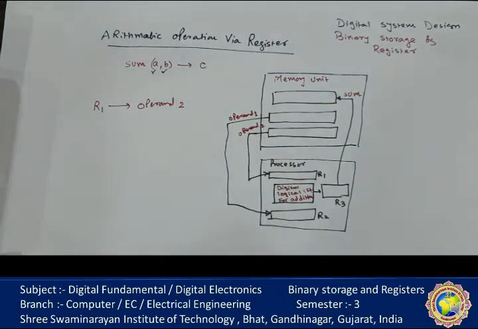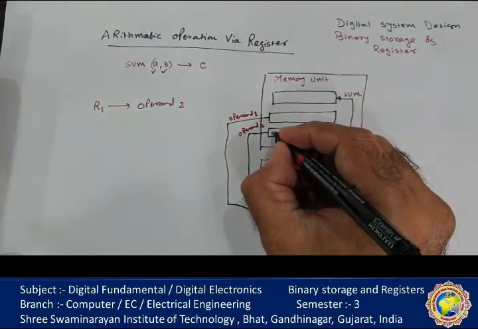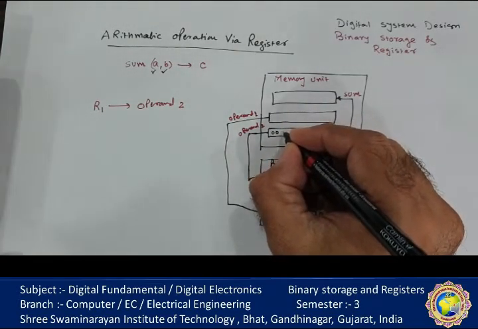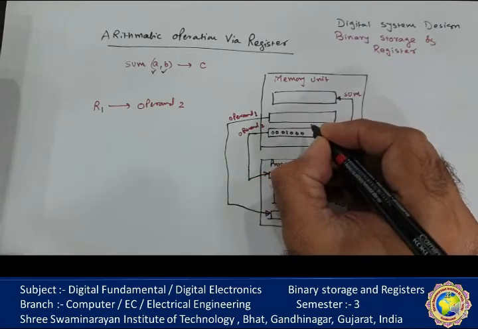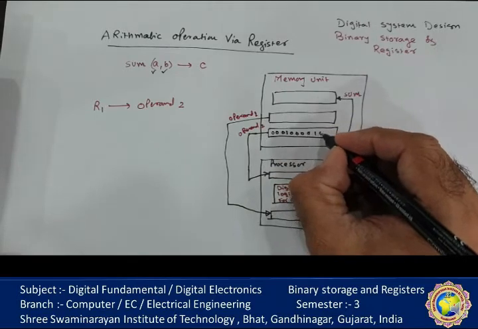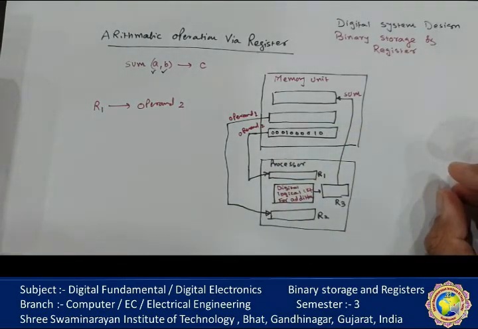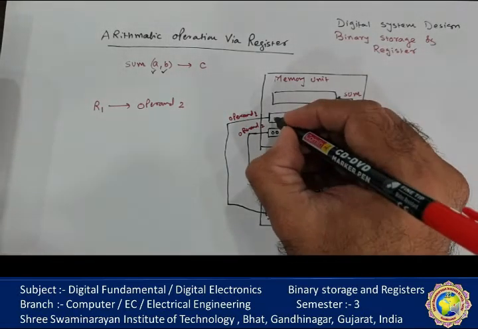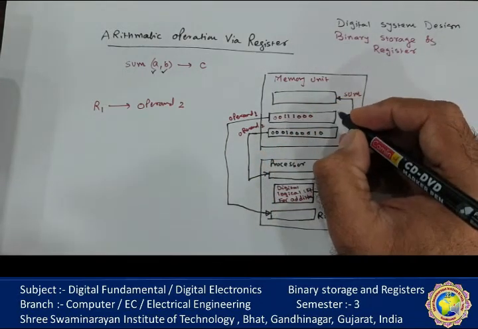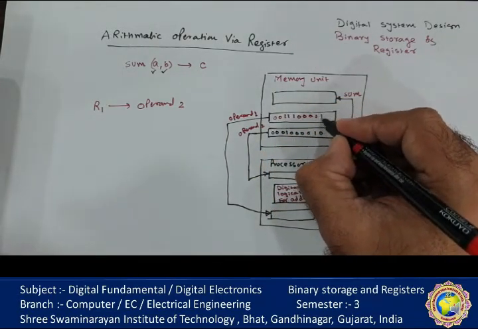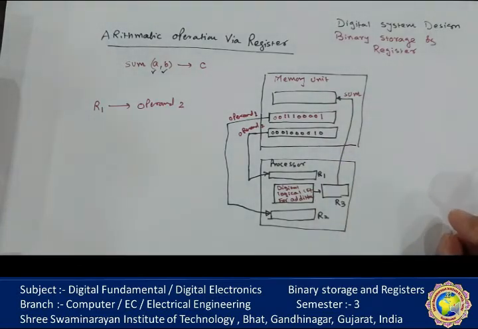Suppose operand 2 is 0001 0010, and the second operand data is 0011 1001.